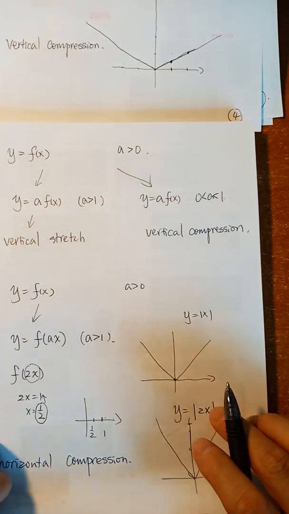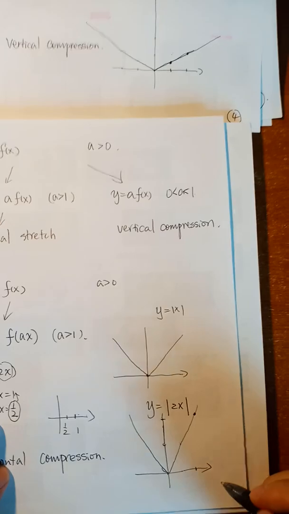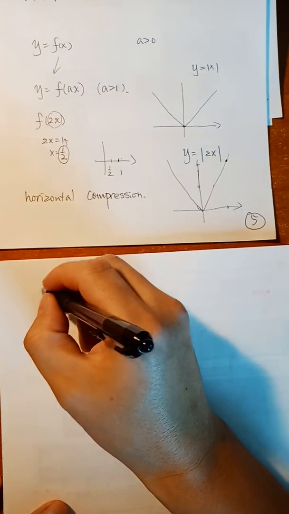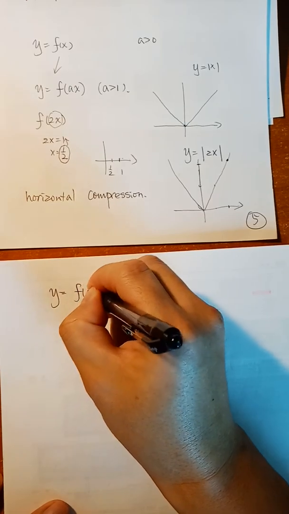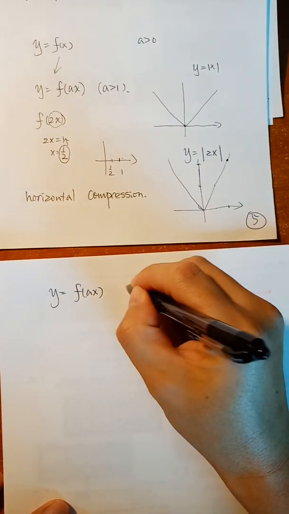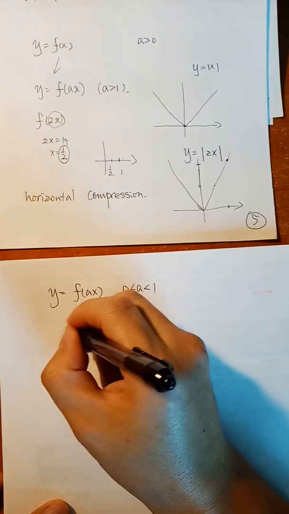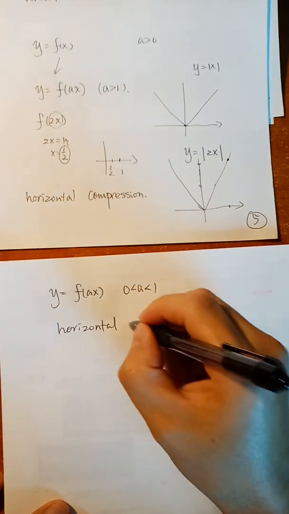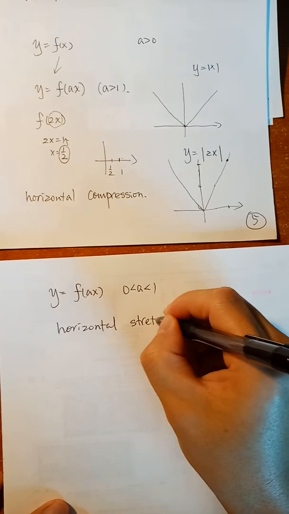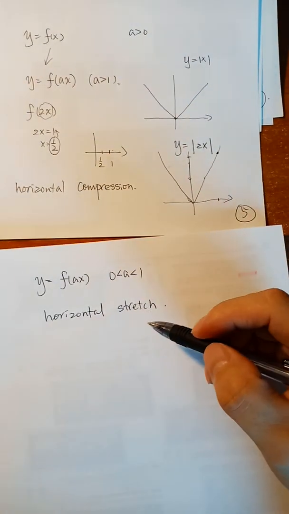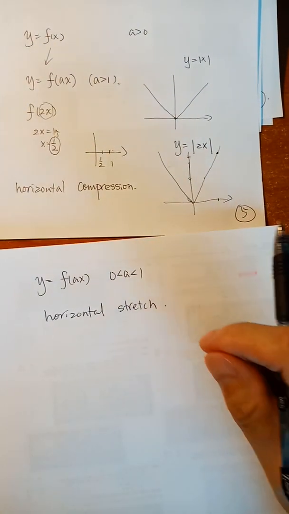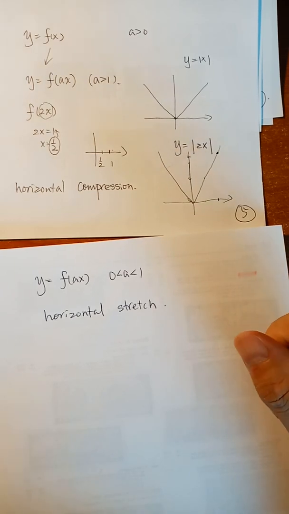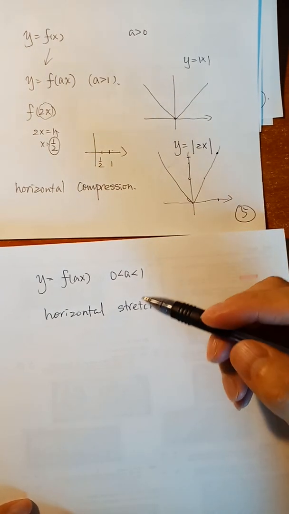When a is between 0 and 1, it's a horizontal stretch.